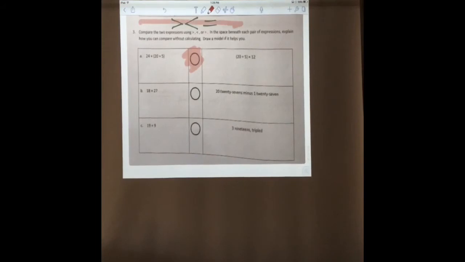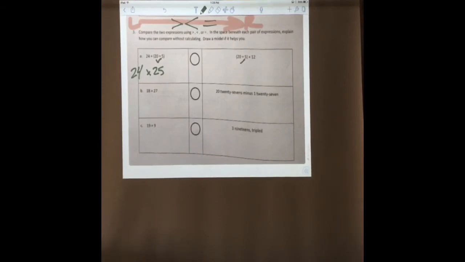We read them from left to right, just like we normally read everything, right? So let's do that problem, and it should be pretty easy. 20 plus 5 is what? 25. And we're going to multiply this by how many times? So we have 24 25s, is that correct?